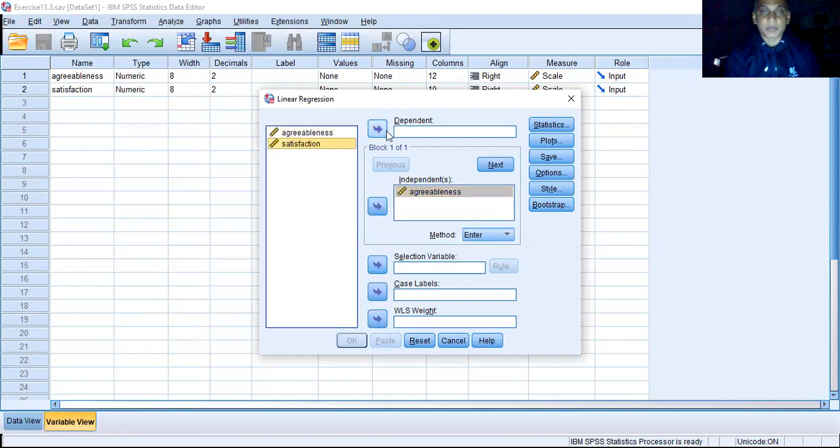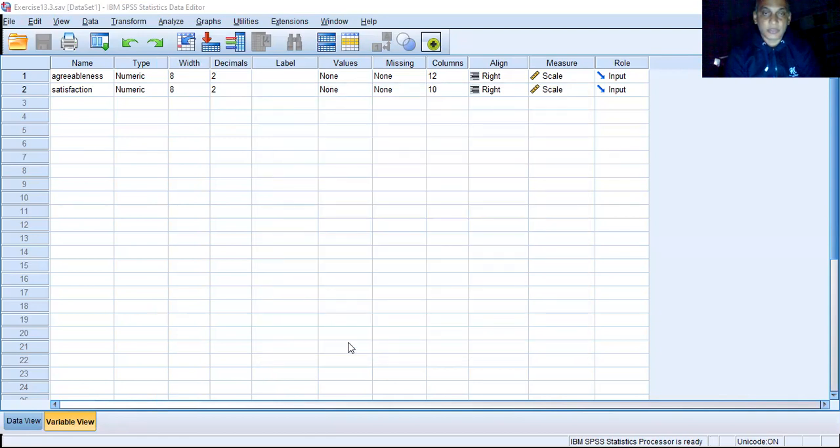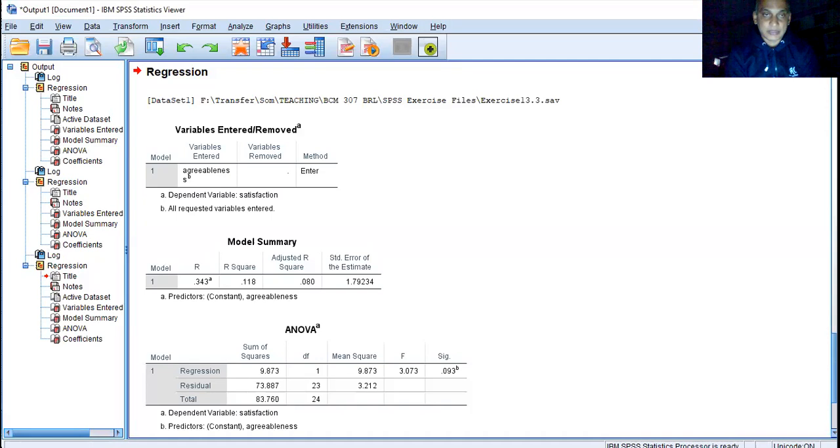Satisfaction of that supervisor on how the employee is in terms of agreeableness is the dependent variable. We click on OK, and I'm sharing with you the output file. So this is what the output file is. I've shared with you, and here we have got the answers. So agreeableness is the independent variable or the predictor variable. Dependent variable is satisfaction, which is also known as criterion variable.